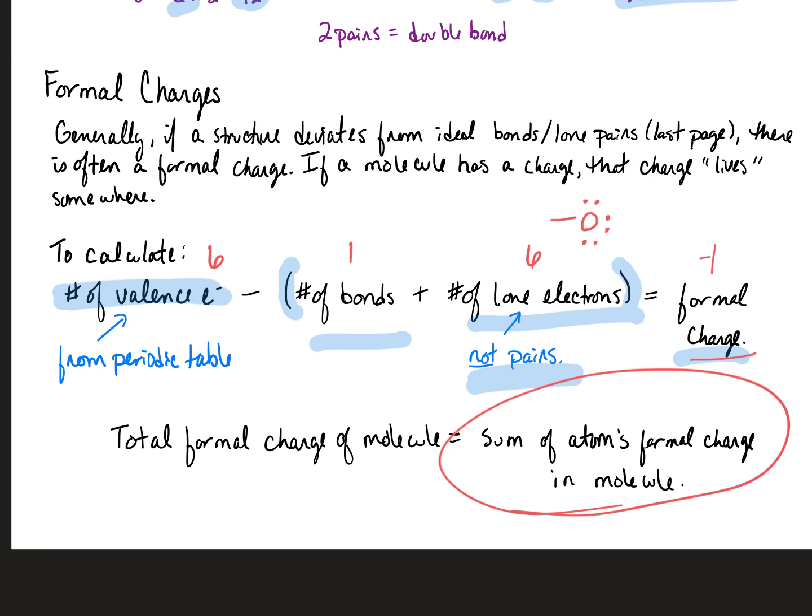Every once in a while we have what's known as a zwitterion, which is a compound that has both a positive and a negative in the same structure, but those are relatively rare depending on what you're looking at. In biological systems, you see those a lot, though, for certain things, but we'll handle that when we get to that, okay?